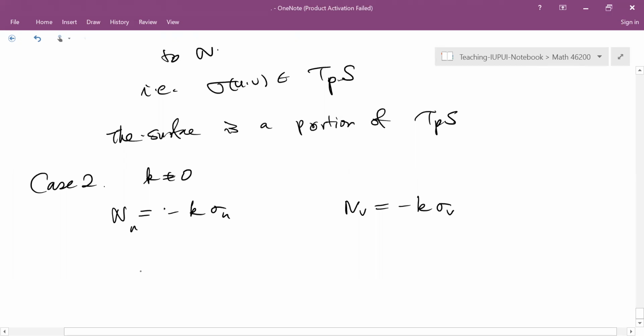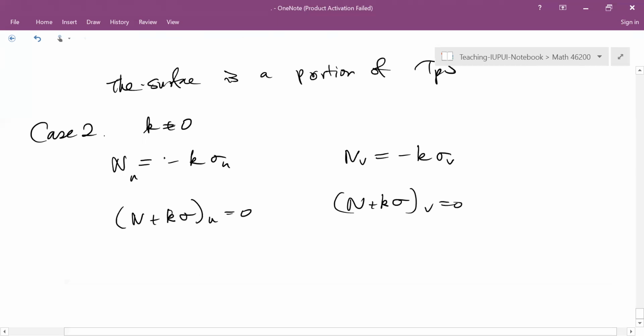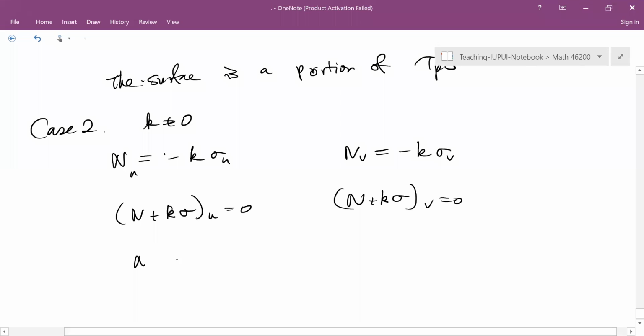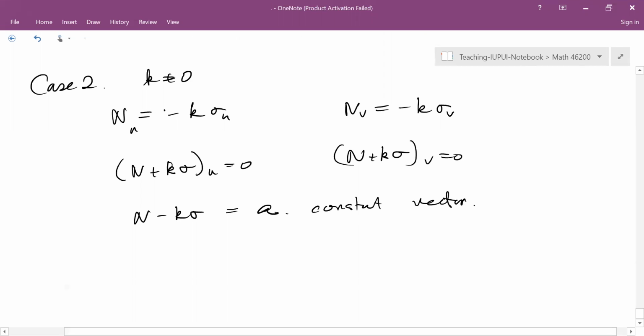So I can move the right-hand side to the left. And that means N minus k σ is constant. So this is a constant vector.